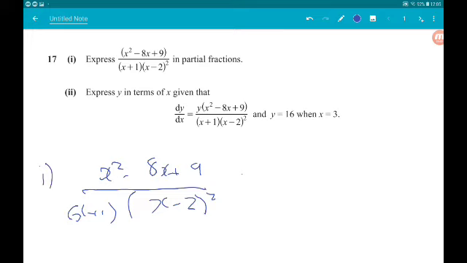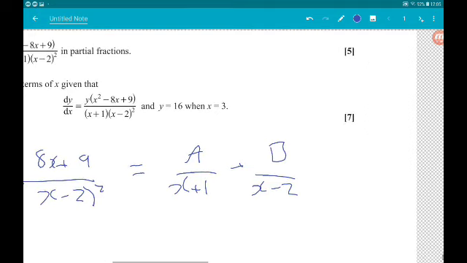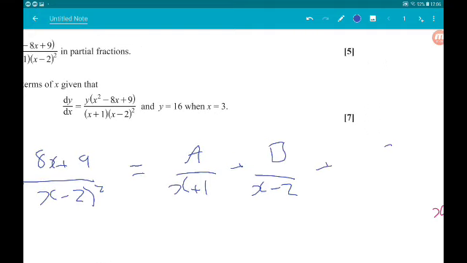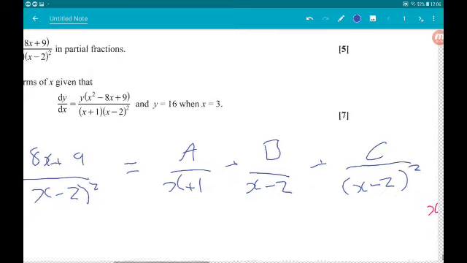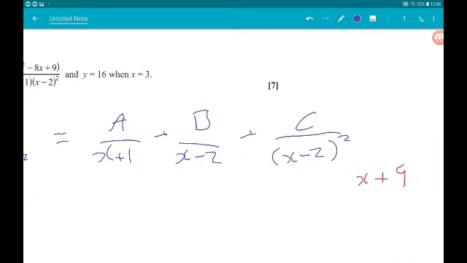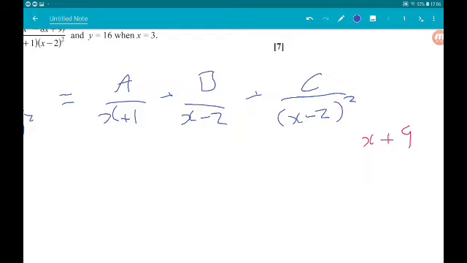So that means we're going to be using the form A over x plus 1, plus B over x minus 2, plus C over x minus 2 squared. So what we now need to do is combine these 3 fractions.